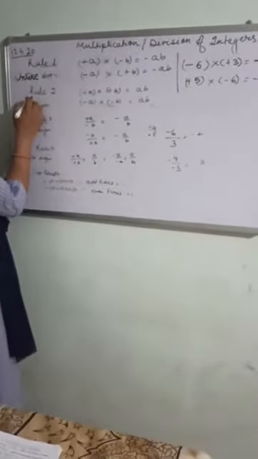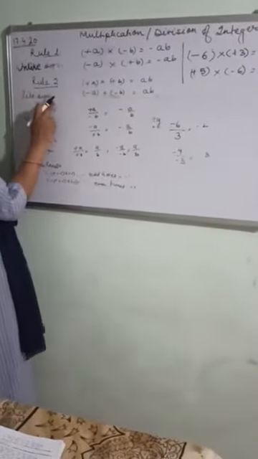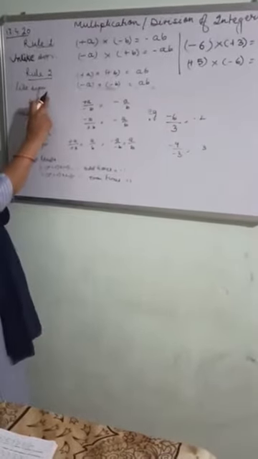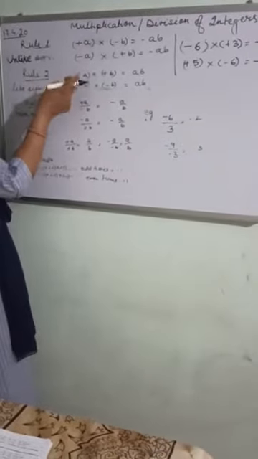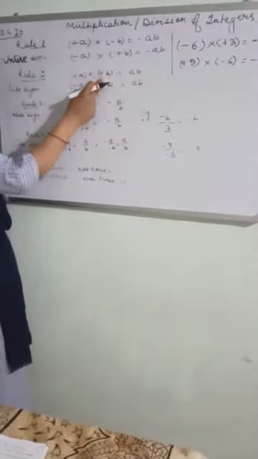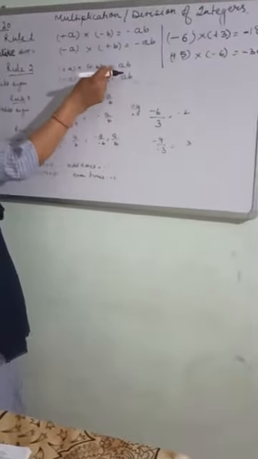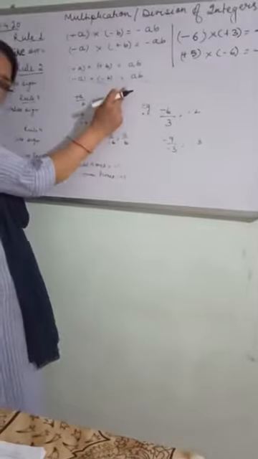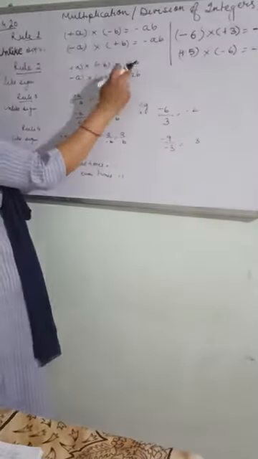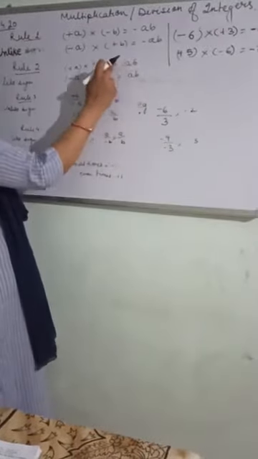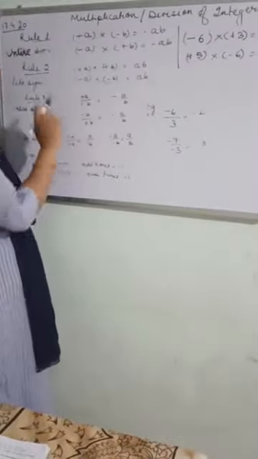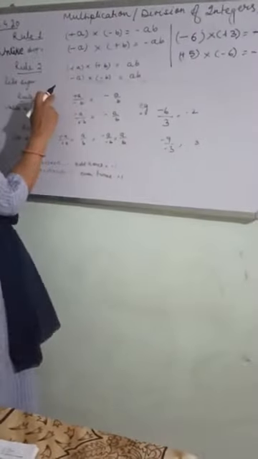The second rule says if you have two numbers of like sign, like signs, either it is positive or both the numbers are of negative, the result will be positive. You have to product the numbers, but the sign will be of positive in both the cases.